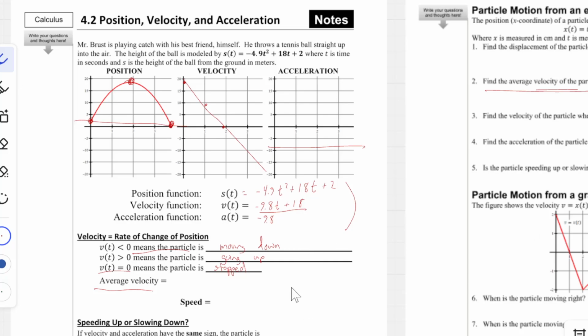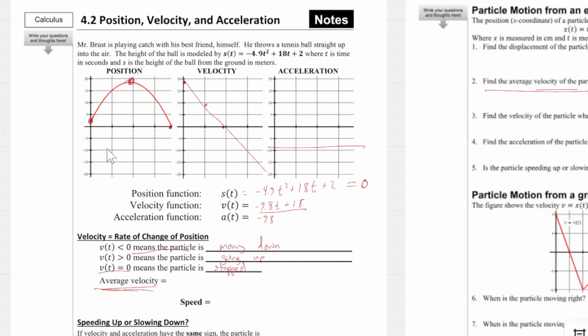To do that, we'd have to find where it hits the ground. So we'd have to set the height equal to 0, the position equal to 0, and find that time, which I'm not going to do, but it certainly doesn't factor. You'd have to plug that into the quadratic formula or use a calculator. I'll just guess that it's like 3.7 or something.